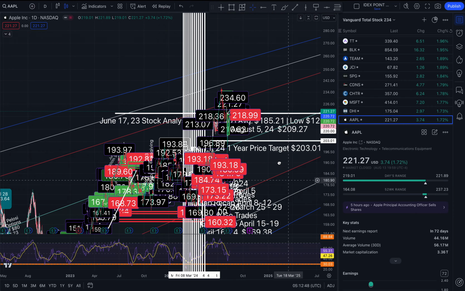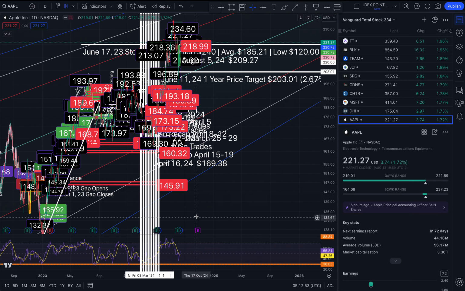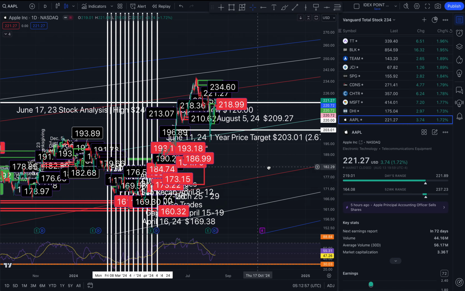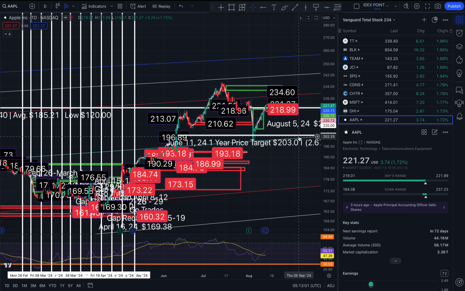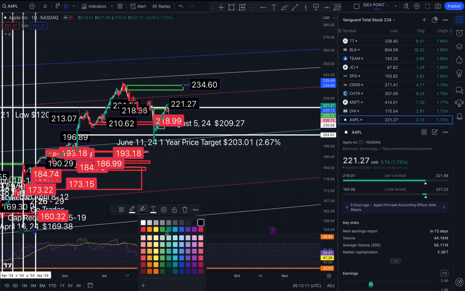And on the daily, you can see how many times I've tracked this forever, it seems. But on the daily, in the big picture, where did my 221? Okay, it's hard to see. 221.27. Oh, that needs to be in green because that's a gap fill.